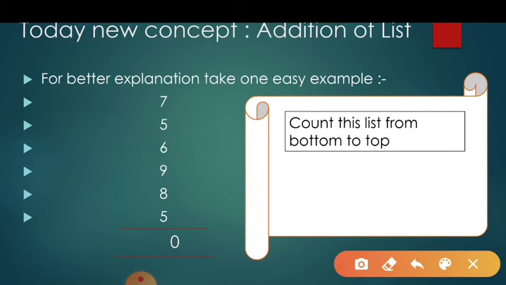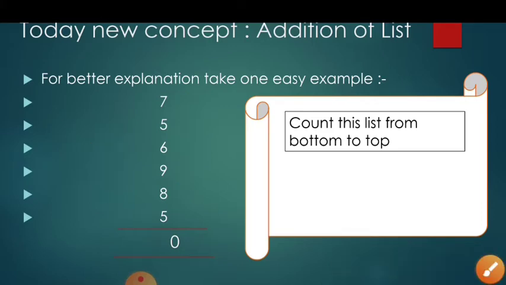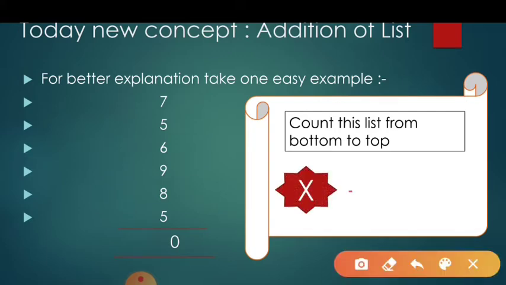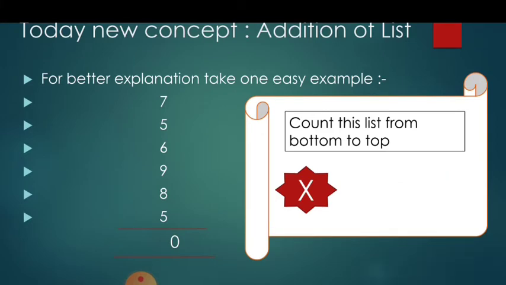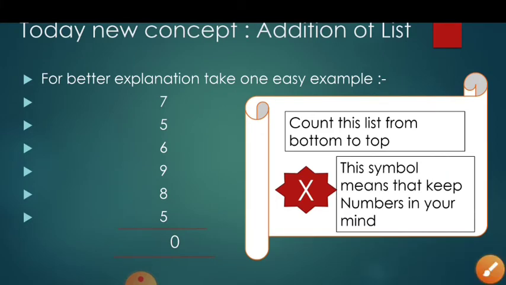In our normal math we start adding from top to bottom, but in Vedic Math you start adding from bottom to top. Then you can solve easily. Wherever this dash is given in the question, it means you have to keep that digit in your mind.